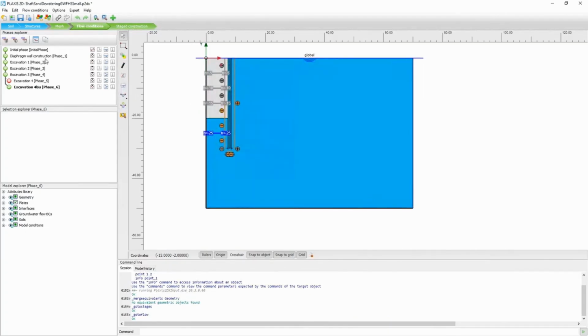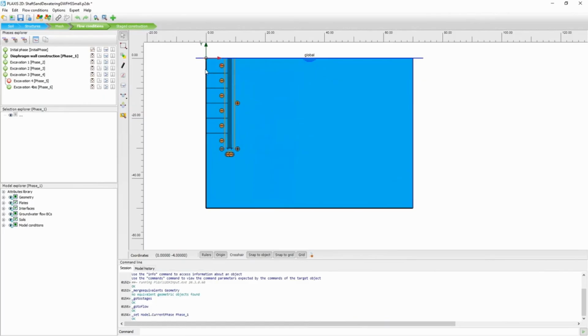So this is what you see here. From the very first phase, I'm applying a closed boundary. You could see that here, as well as at the bottom, and I will do it for all the phases.